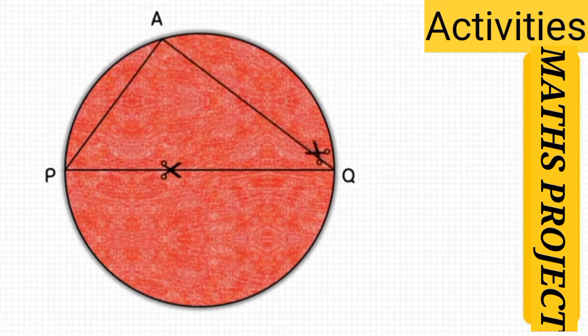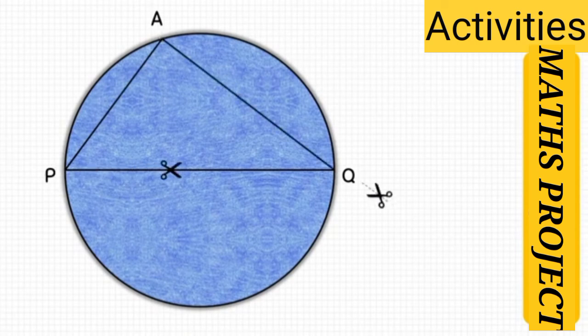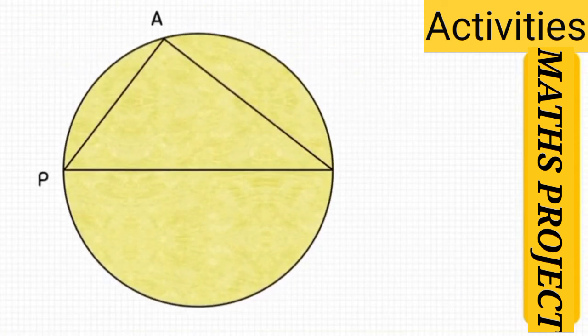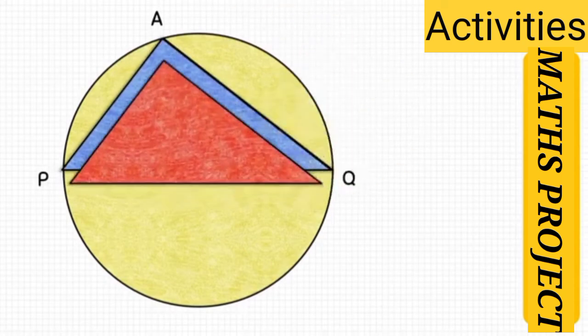So, let's first take the red circle and cut out angle PAQ. Similarly, we will cut out angle PAQ from the blue circle as well. So, in this way, we have 2 exact replicas of angle PAQ.